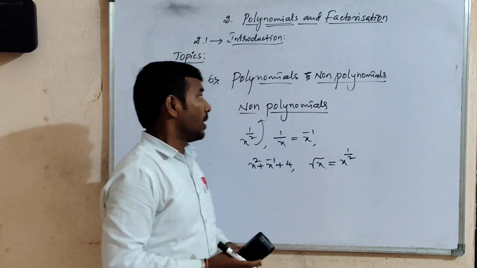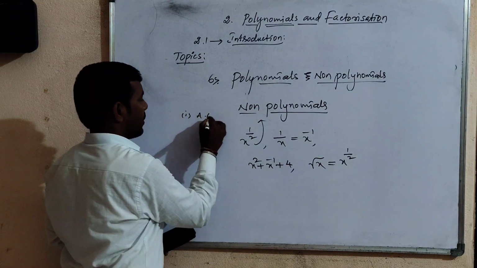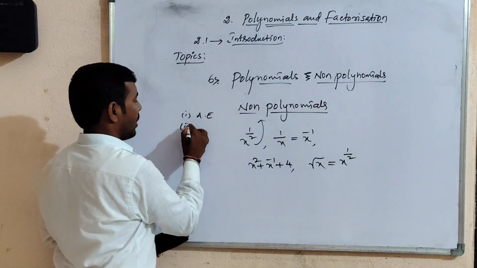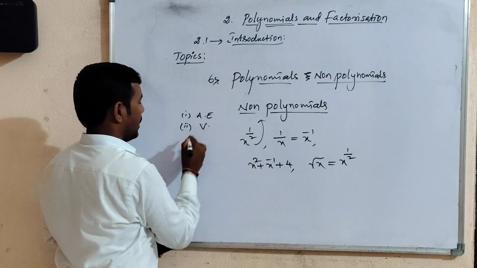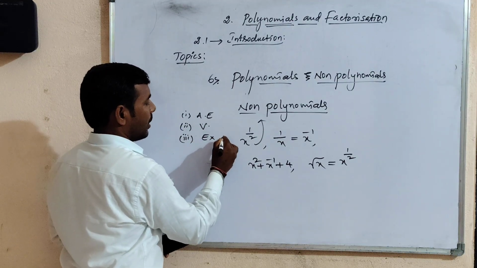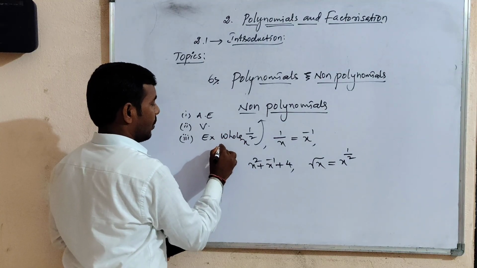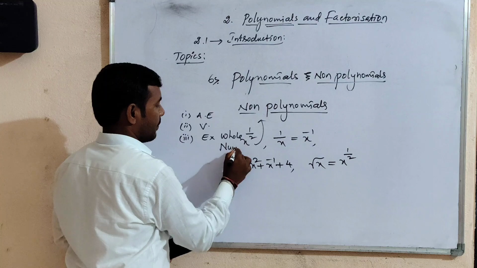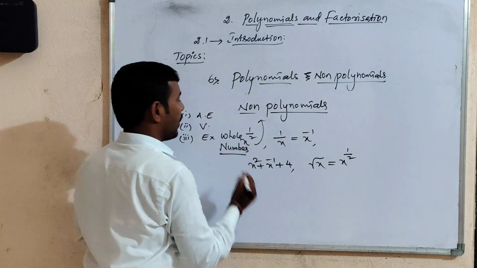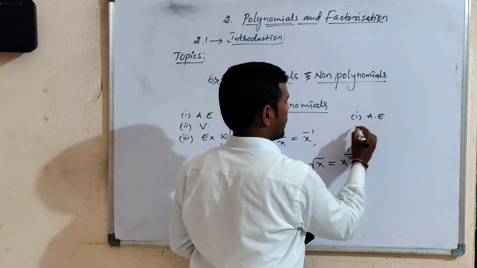Simple thing. To make a polynomial, we need an algebraic expression. Second thing, observe the variables. Third thing, their exponents should be whole numbers. But on the non-polynomial side, condition 1, it should be an algebraic expression.